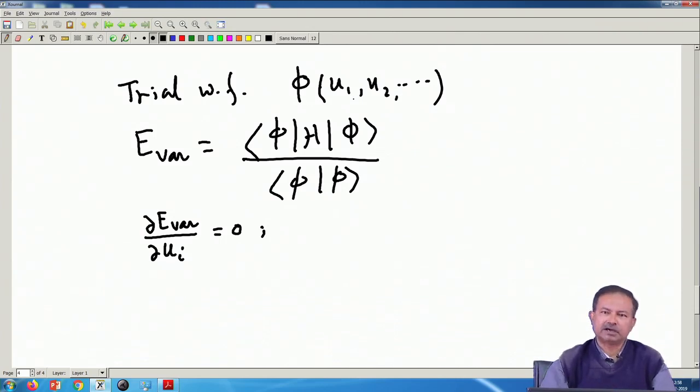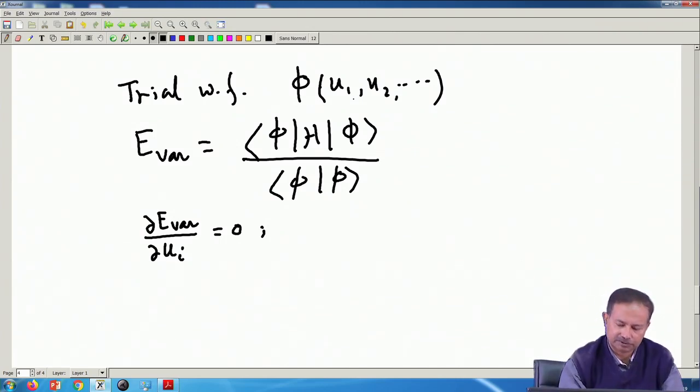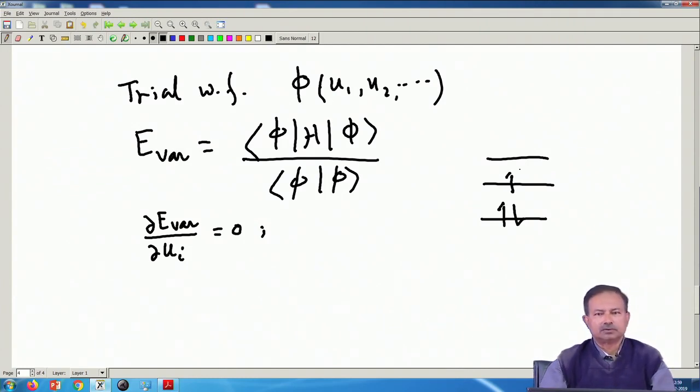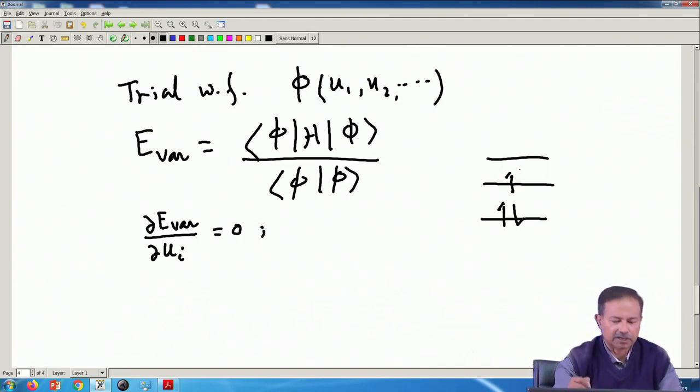So, that is the basic idea of this whole thing. Suppose you had 3 u's, then you will get 3 solutions, and if you have say 3 electrons, then you will put 2 electrons here and 1 electron here, for example. So, that is the way to go about doing this kind of a calculation.